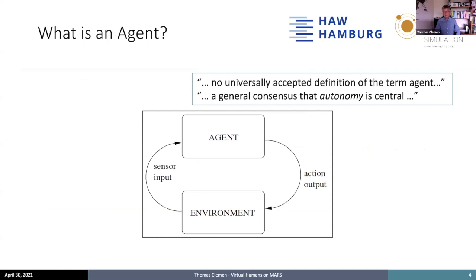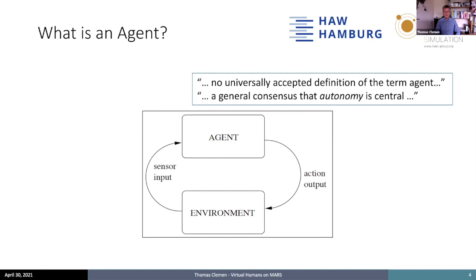The fundamental question, in the context we are in here, is: what is an agent? And there's actually no universal definition of that. Even in computer science, there are different perspectives on what agents are.